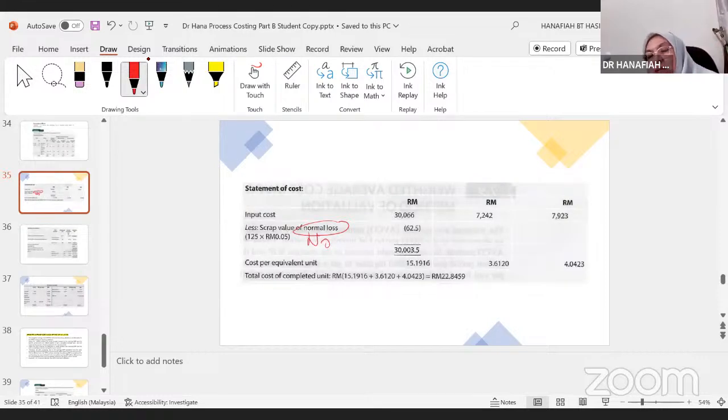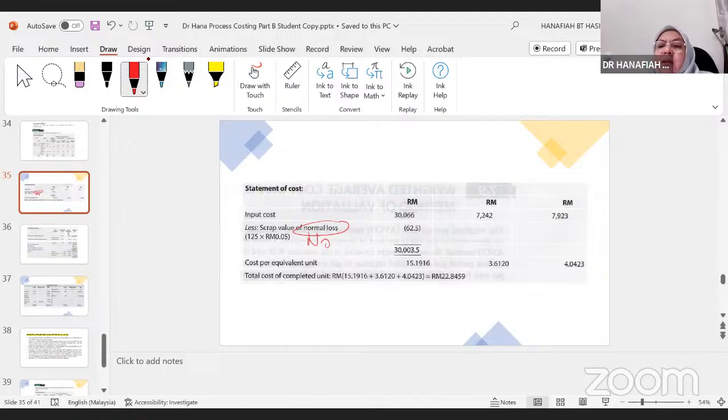You have to remember the concept. If no scrap value, then you need to use the total cost to be charged to the finished good. Let's say you have 50,000 total cost and you have 1,000 units. Let's say 50 units are not good and cannot be sold.